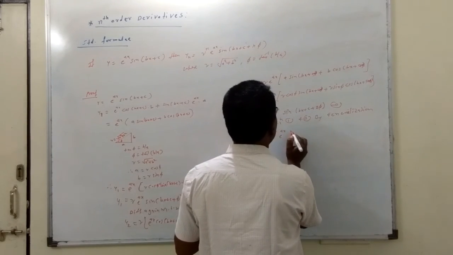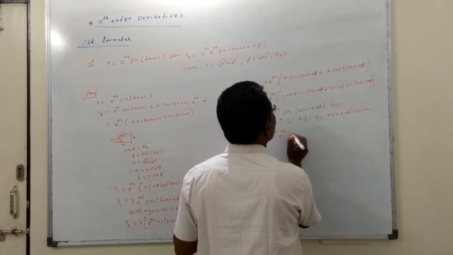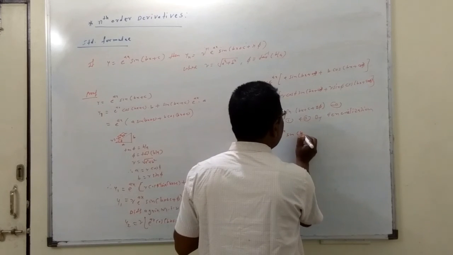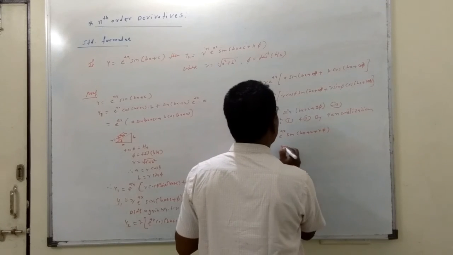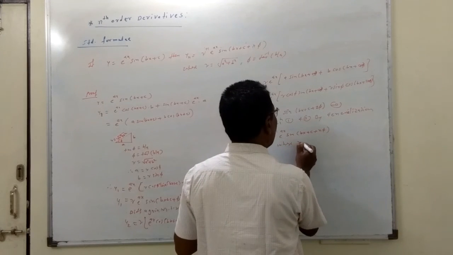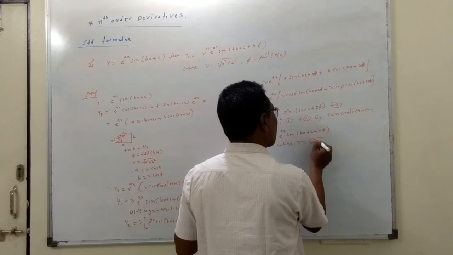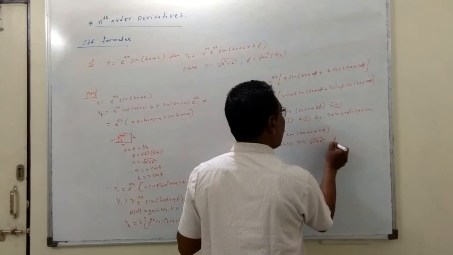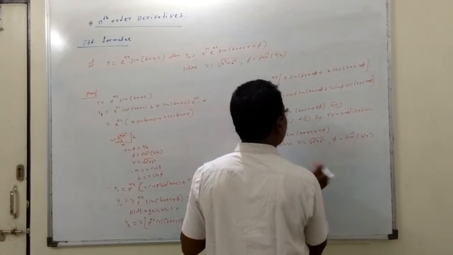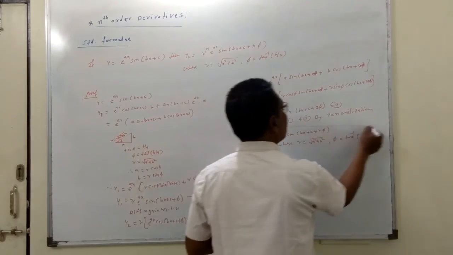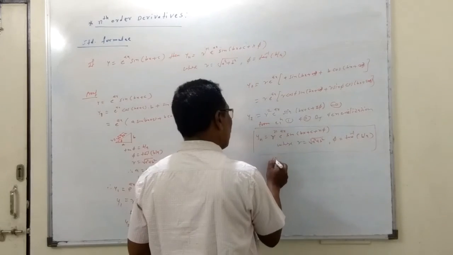So r raised to n e raised to ax sin(bx + c + nφ), where r is equal to under root a square plus b square, φ is equal to tan inverse b by a, and that is the proof of this result, hence proved.